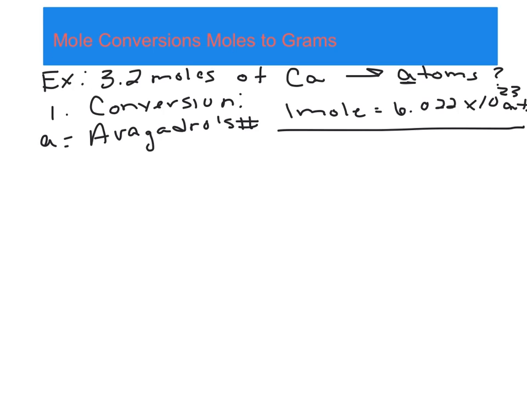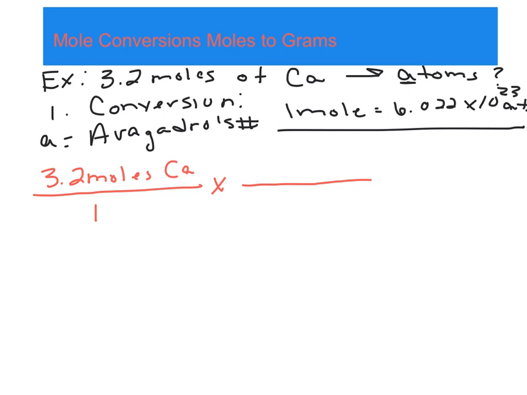Now we have our conversion factor, so let's set up our problem. First things first, what's our given? Our given in this case is 3.2 moles of calcium. Put it over 1. I'm going to multiply that by my conversion factor. Remember what I said earlier: to set this up correctly, all you have to know is which one of these goes on the bottom.